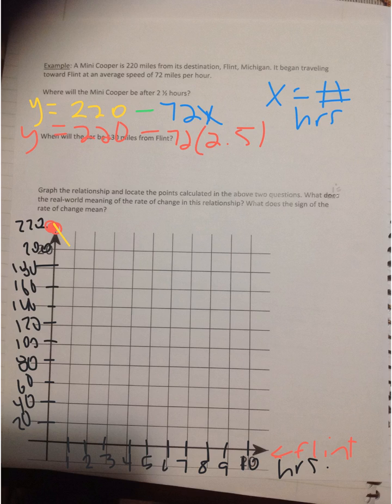And that would give you 220 minus 180, and that's going to give you 40. So the Mini Cooper is 40 miles from Flint after 2.5 hours. So it looks like it's right there. 2.5 hours, 40 miles from Flint.